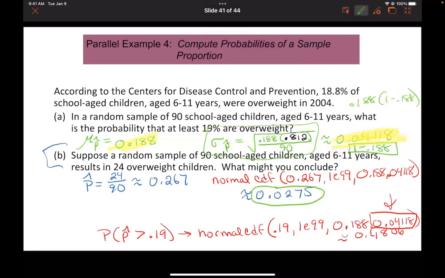We could say that either the Center for Disease Control and Prevention is wrong, it is not 18.8%, or we happened to take a random sample that included overweight children, or maybe it was an area with high poverty, because we know that healthier food options are generally more expensive, so children in high poverty areas tend to be more overweight.